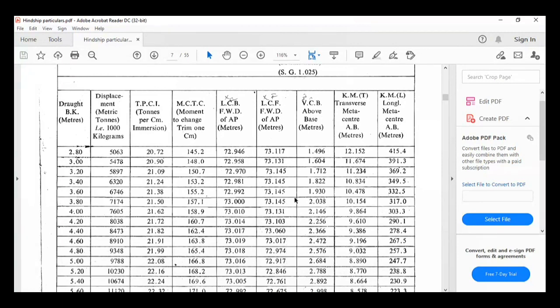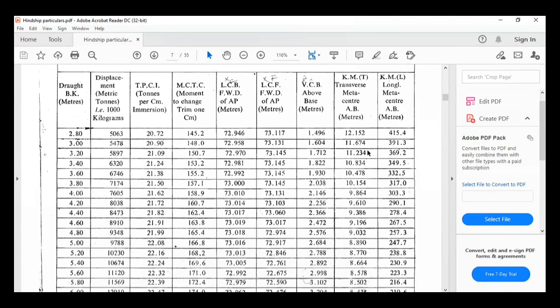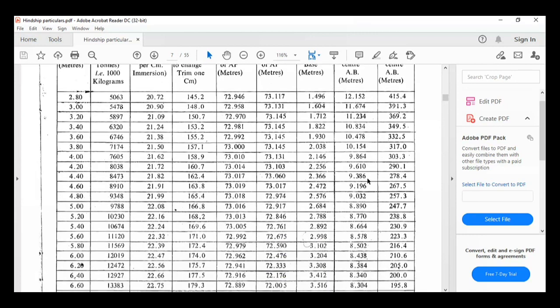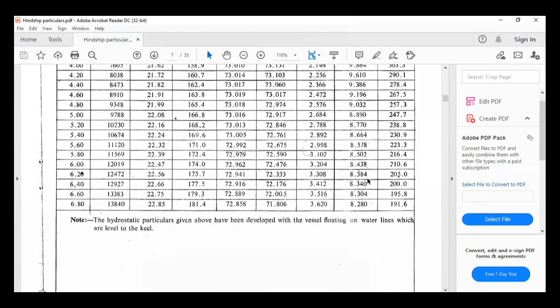Now look at KB. KB is always increasing. Look at KMT. As the draft is increasing, the KMT is decreasing. It is decreasing.